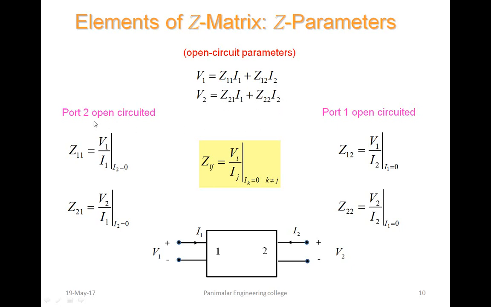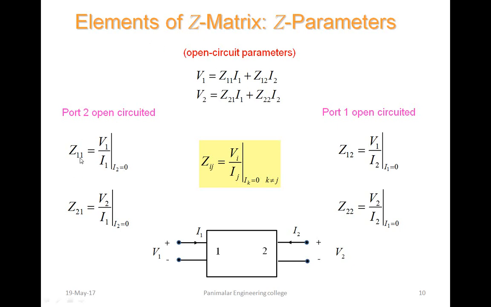If port 2 is open circuited, which means there is no current flowing in port 2, in that case the I2 current becomes 0. Under open circuit of port 2, current I2 becomes 0.